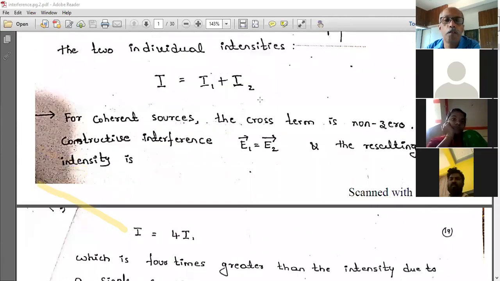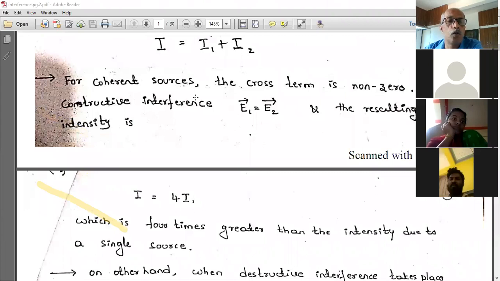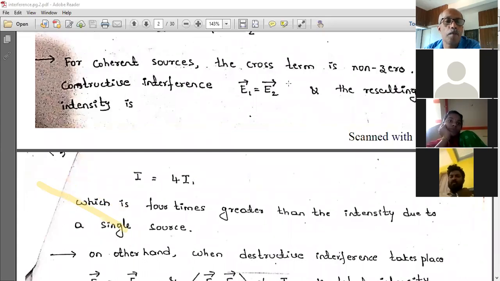If the sources are coherent, there is a relation between E1 and E2. For constructive interference, E1 is equal to E2.